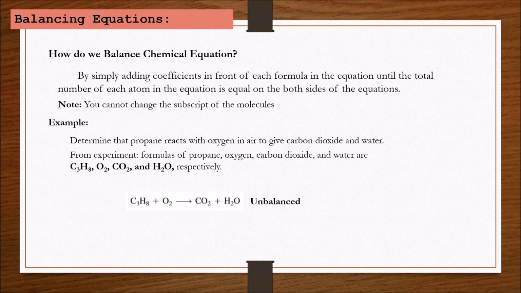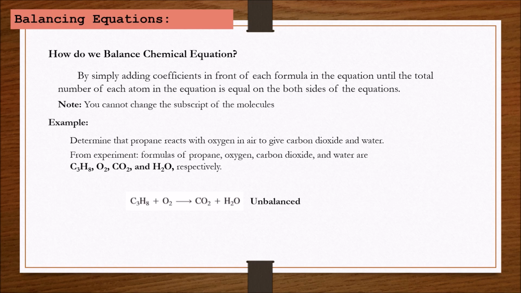This equation is not balanced because the coefficients that give the relative number of molecules involved have not yet been determined. To balance the equation, you have to select coefficients that will make the numbers of atoms of each element equal on both sides of the equation.